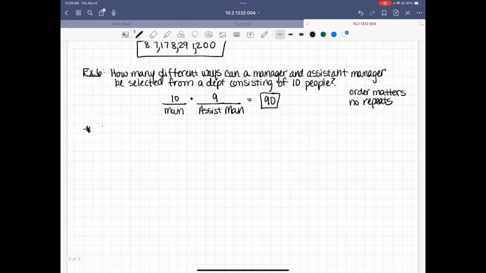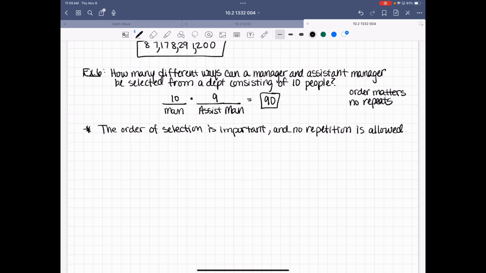The order of selection is important, and no repetition is allowed. Those 2 things are very important right there.